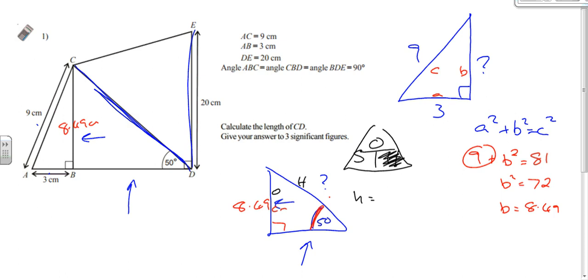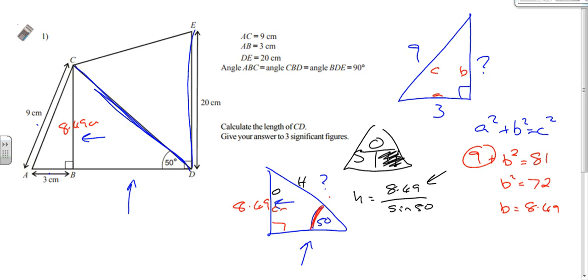So the hypotenuse equals O, which is 8.49, divided by S, which is sin of the angle. So sin of 50. If you've still got it on your calculator, we've got the correct answer for this, which is actually 8.48528, and so on and so forth.